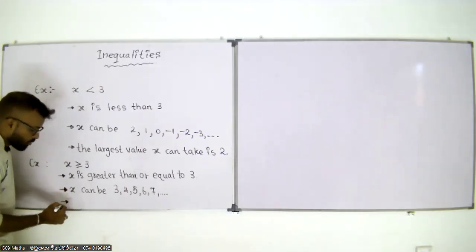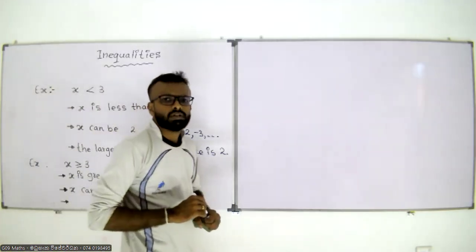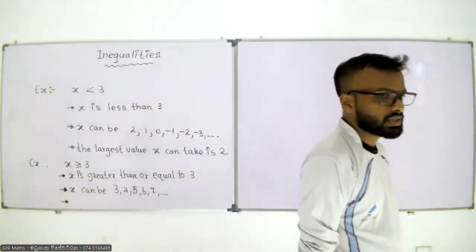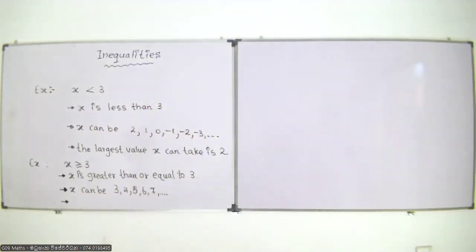Right? What is the smallest number that x can take? Can anyone tell? Okay, what is the smallest number that x can take? Okay, Billy is saying 3.